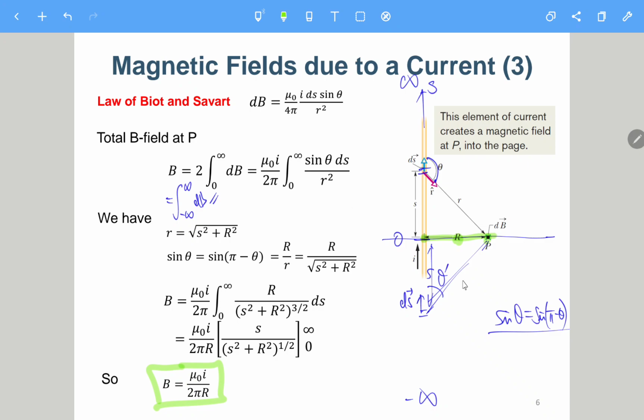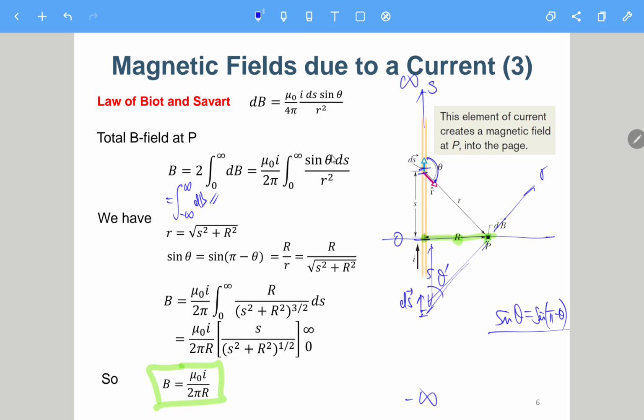For this ds, the r axis points this way, and for different ds, the r axis points in different directions. Theta is also related to s.